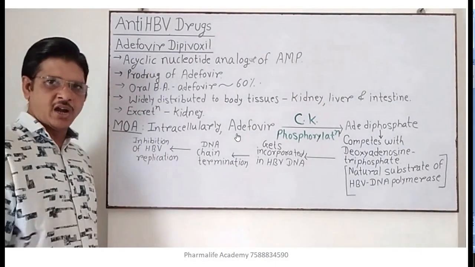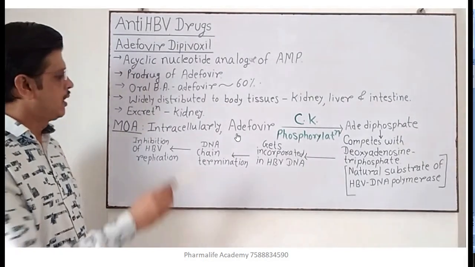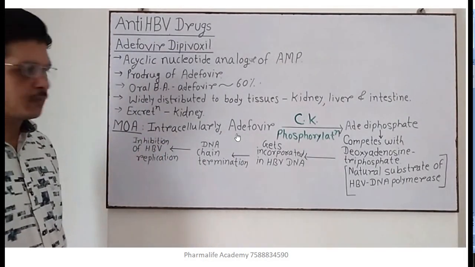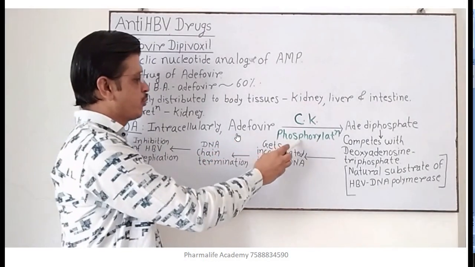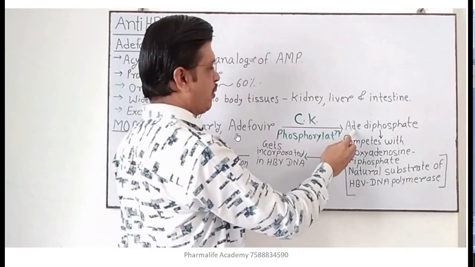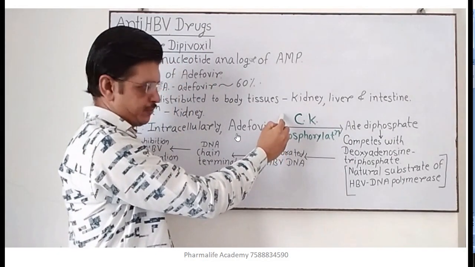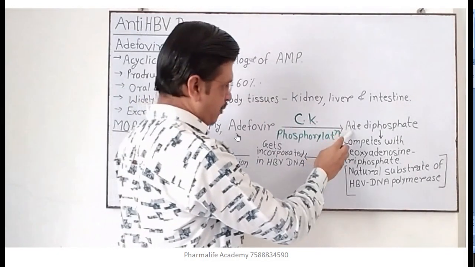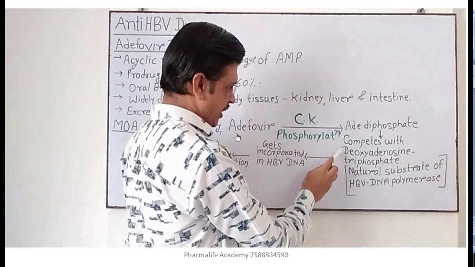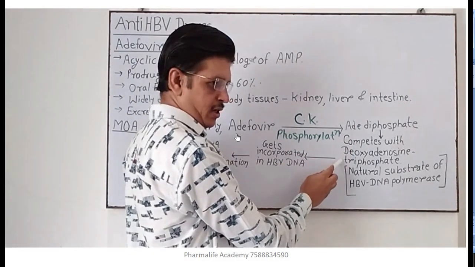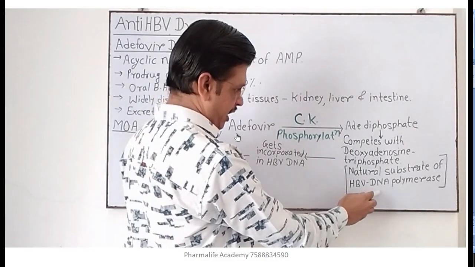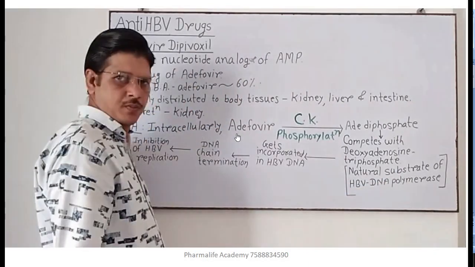Mechanism of action of adefovir. Intracellularly, adefovir gets phosphorylated to adefovir diphosphate by the enzyme cellular kinase. Adefovir diphosphate competes with deoxyadenosine triphosphate for the enzyme HBV DNA polymerase.